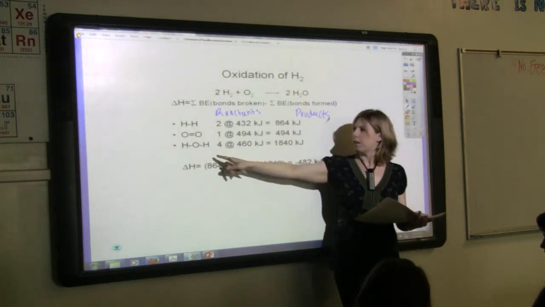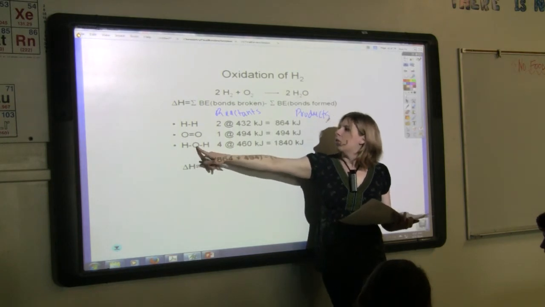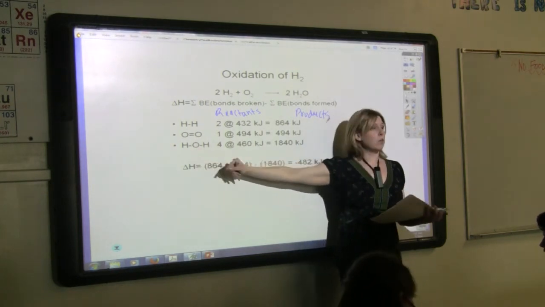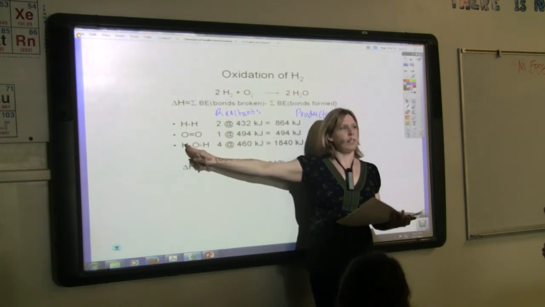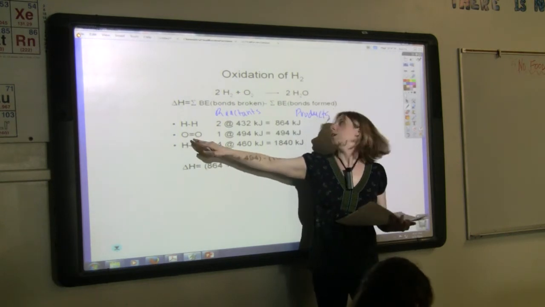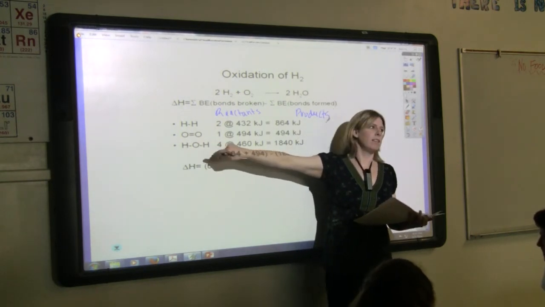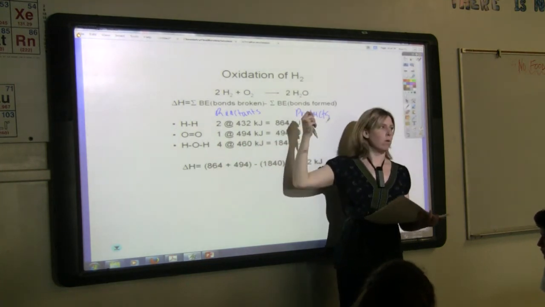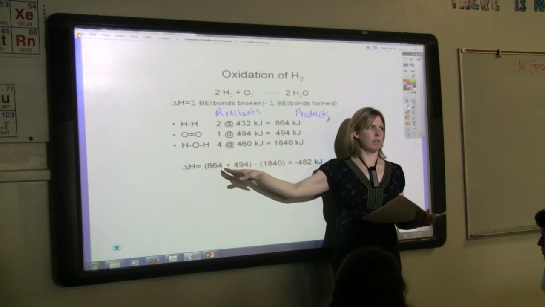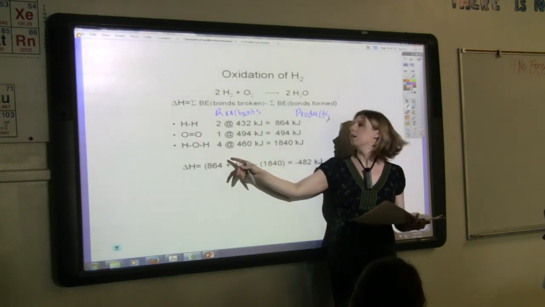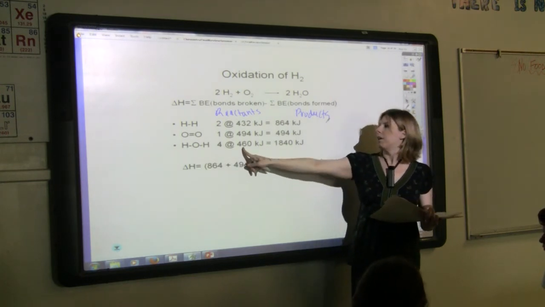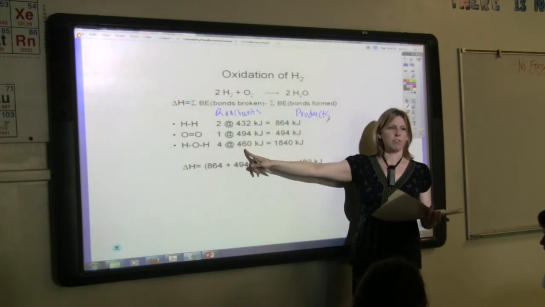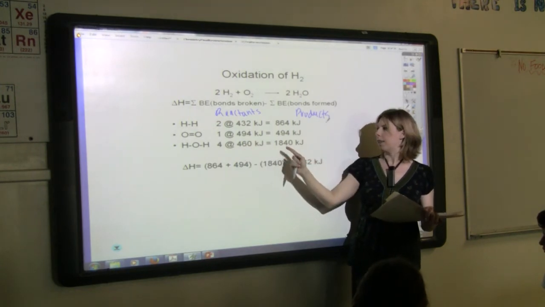And then what it'll look like on your table is going to be an O to H bond. So you would have 2 O to H bonds in each water, for a total of 4 O to H bonds. Does that make sense? So it's going to be 4, an O to H bond would be 460, so you multiply that out.